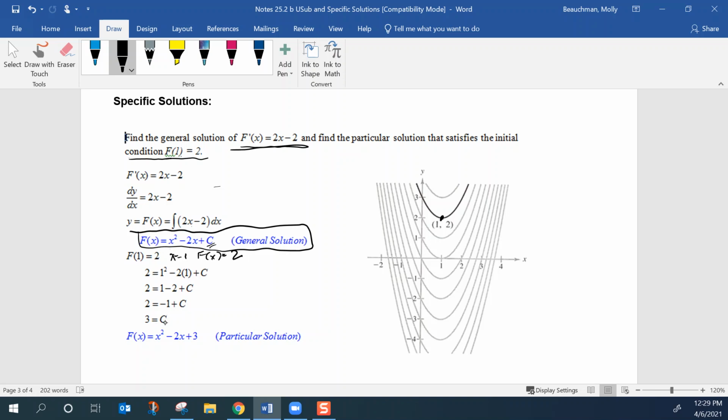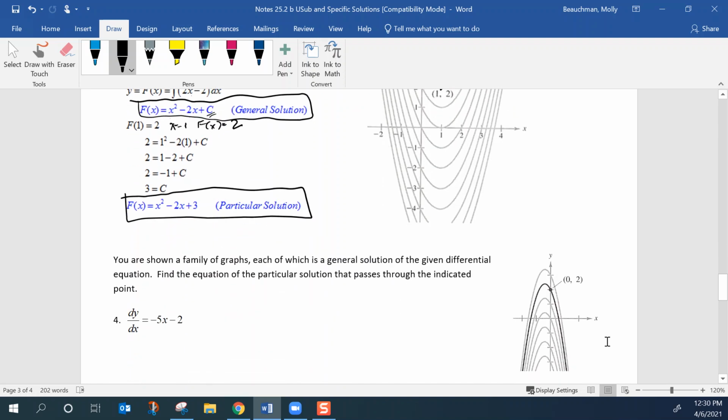We get c is equal to 3. So the particular solution that has the coordinate 1, 2 is f of x is equal to x squared minus 2x plus 3. When you take the indefinite integral, you have a constant of integration. You can find that constant if you know one point on the graph.